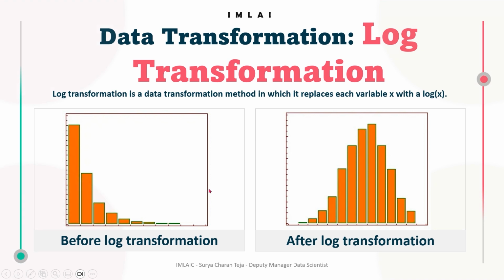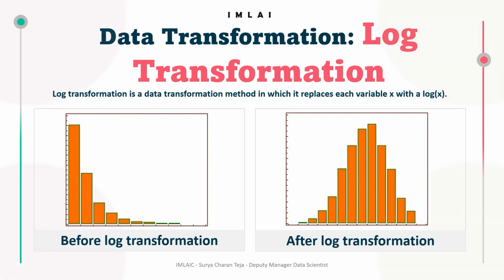Otherwise, log transformation won't work, as you see on the screen. Remember that caveat. So before the log transformation, this is the log normal distribution data, and this is after the log transformation.